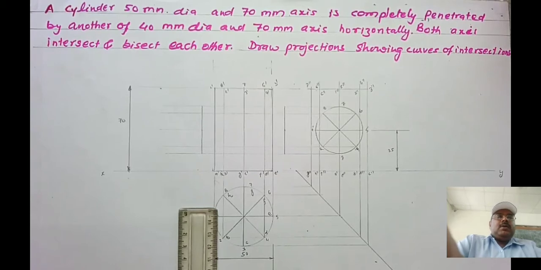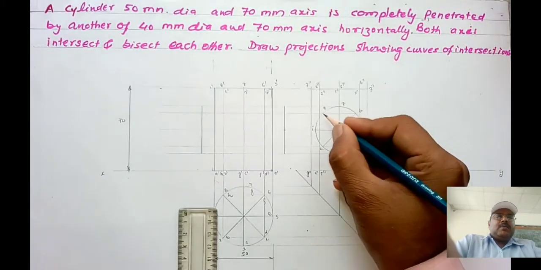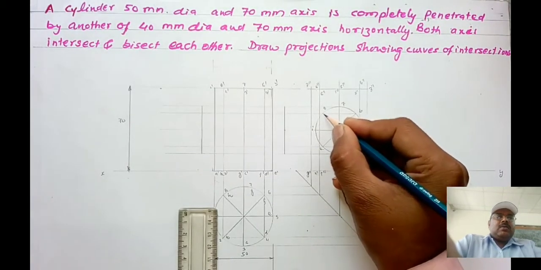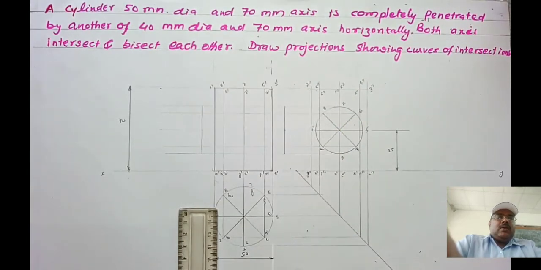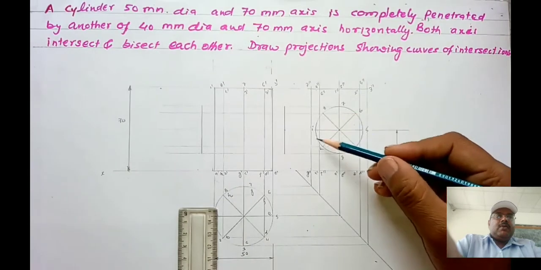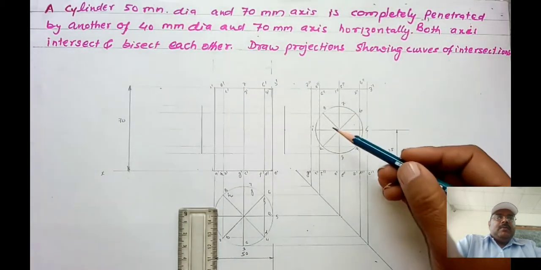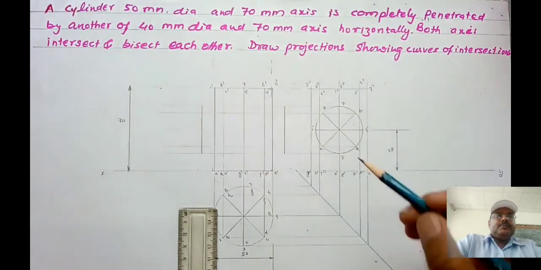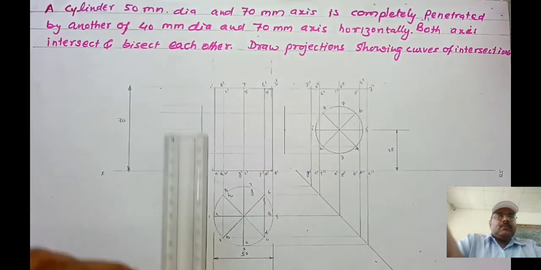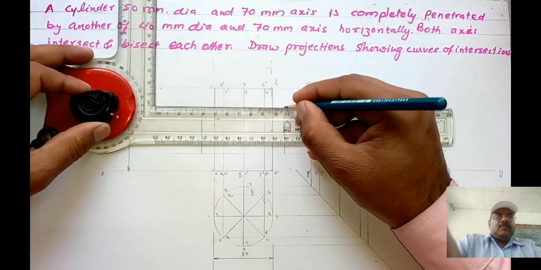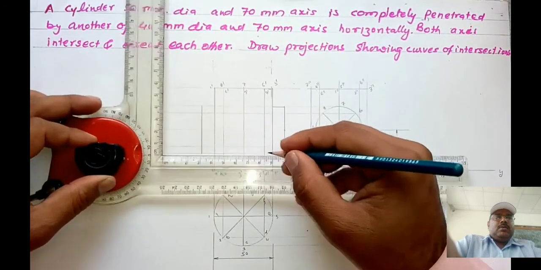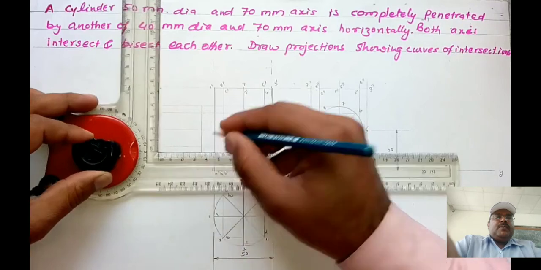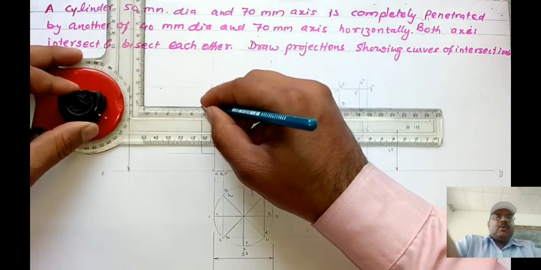But there are some hidden parts which go into the intersection. We have to show them with a dotted line. Only the visible portion we have to draw with a straight line.